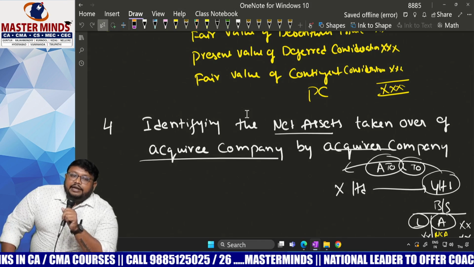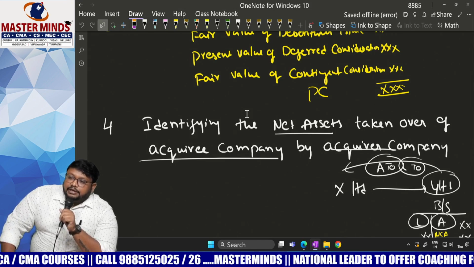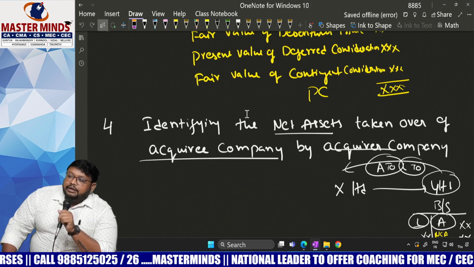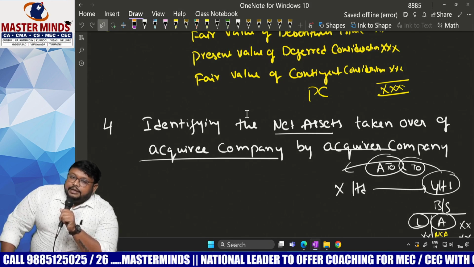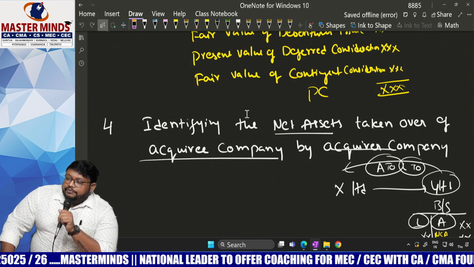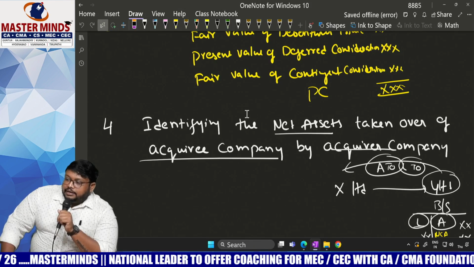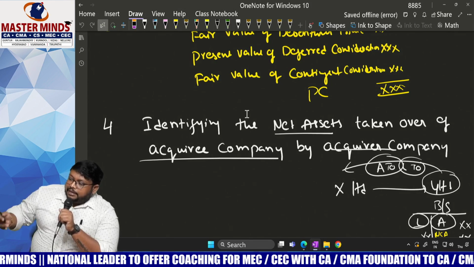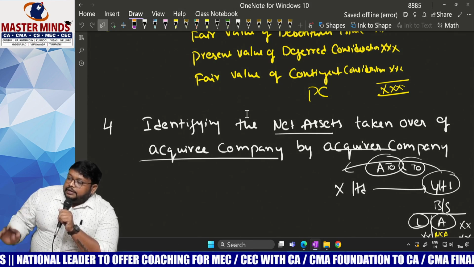If net assets are directly given in the question, we will directly take them, or otherwise, if assets and liabilities are given separately, we have to take the difference. Assets minus outside liabilities will be the net identifiable assets. Simply, identifiable assets minus identifiable liabilities will be the net identifiable assets.